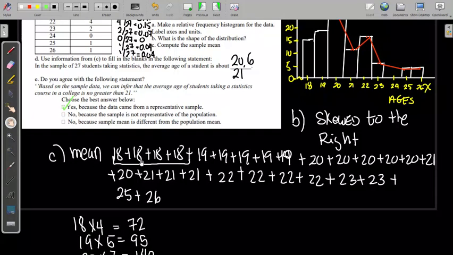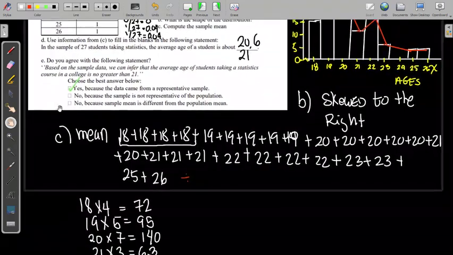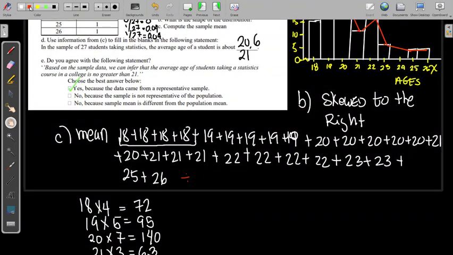So if you want to go the long way, you have to do 1, 2, 3, 4 18s, 1, 2, 3, 4, 5 19s, and so on, and you add all of them together, and then you must divide by 27, because there are 27, I believe, right? We have 27. Yeah. So we have 27 numbers, so we divide by 27. Right? That's very long to do.